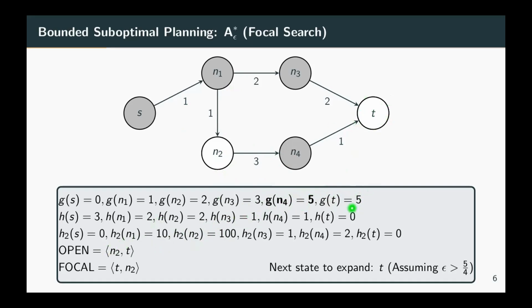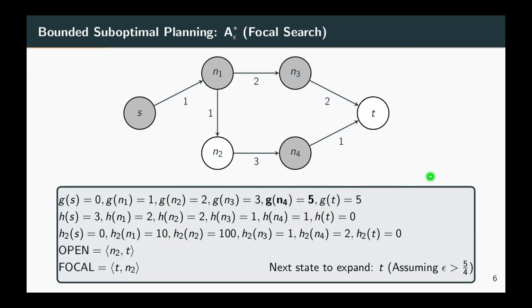Now we can compute again the cost and try to figure out what we want to expand. And now here's the interesting thing: in our focal list, we have to update our focal list again. So we have to look at the F value in open. So open of N2 would be G plus H, 2 plus 2 is 4. And the F value of T is G plus H, 5 plus 0 is 5.